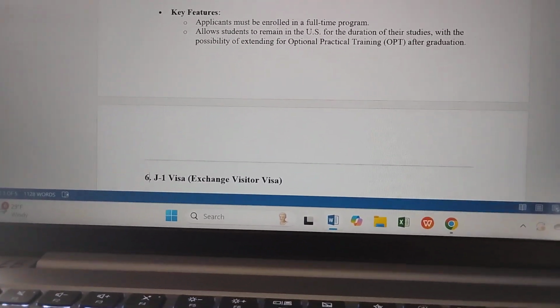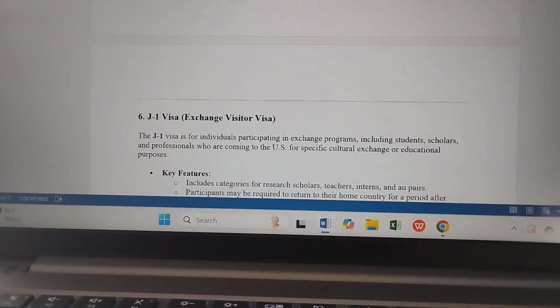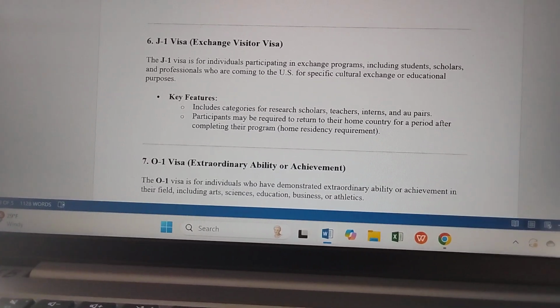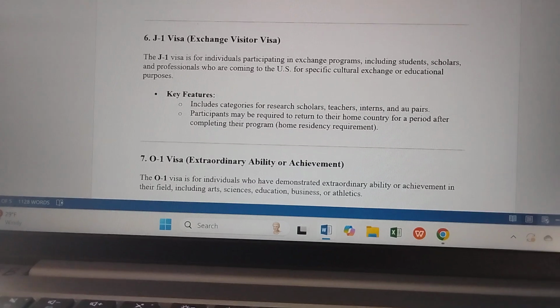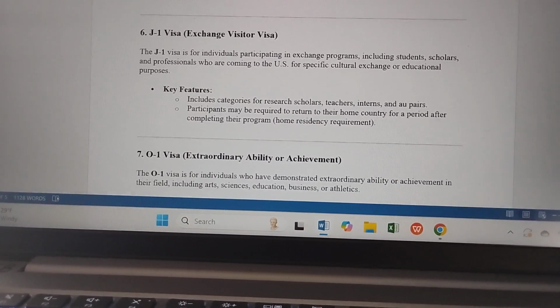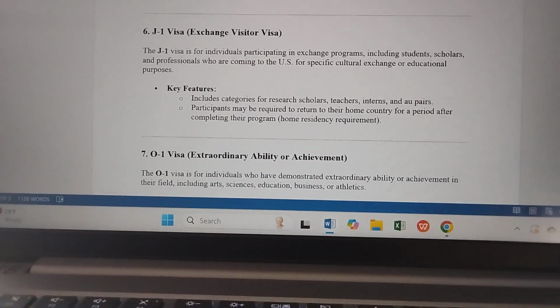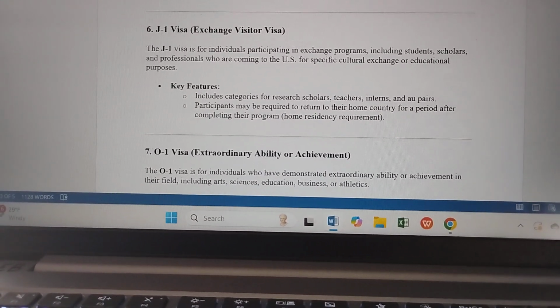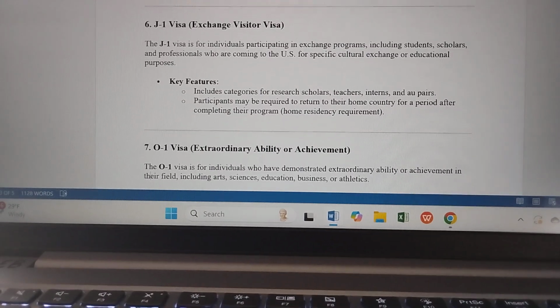J1 visa, this is an exchange visitor visa. For the J1 visa, we are told it is for individuals participating in exchange programs, including students, scholars, professionals who are coming to the US for specific cultural exchange or educational purposes. Key features: it includes categories for research scholars, teachers, interns, and also au pairs.